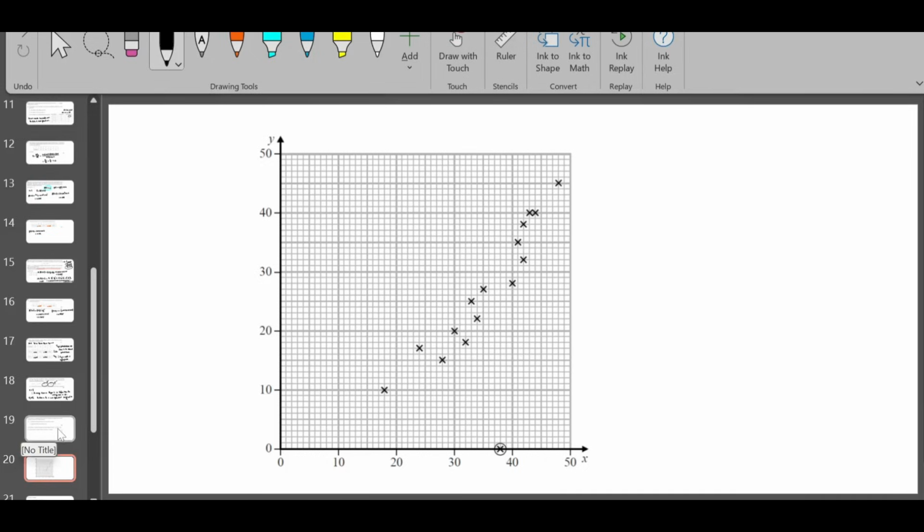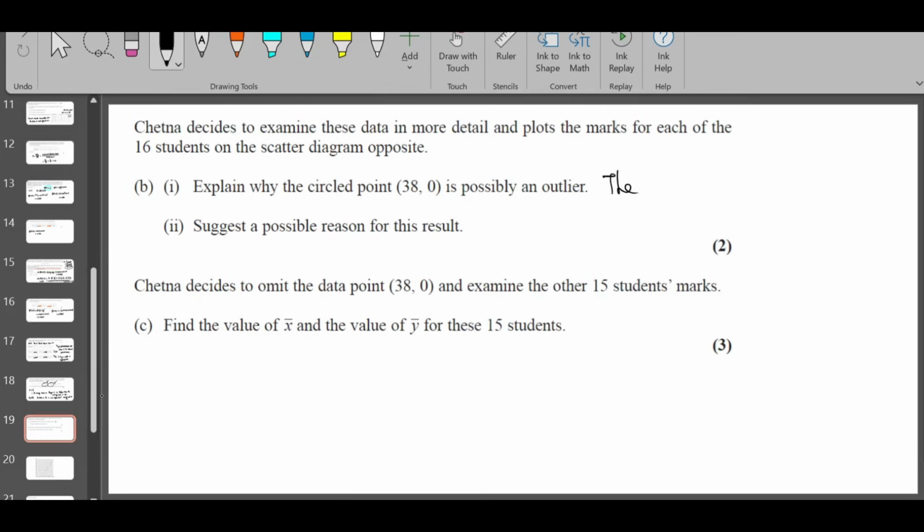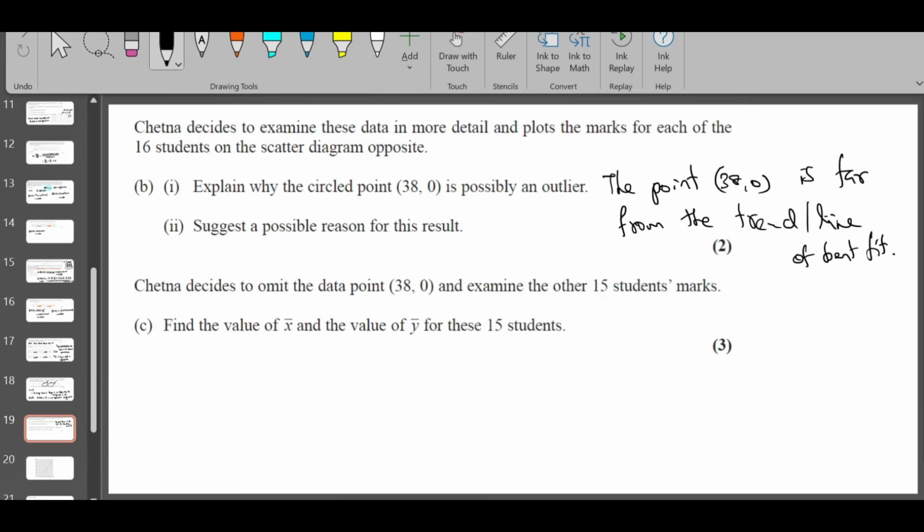So you can write: the point (38, 0) is far from the trend line, or line of best fit. That's the reason.